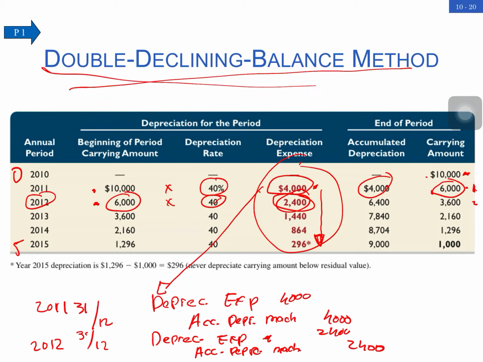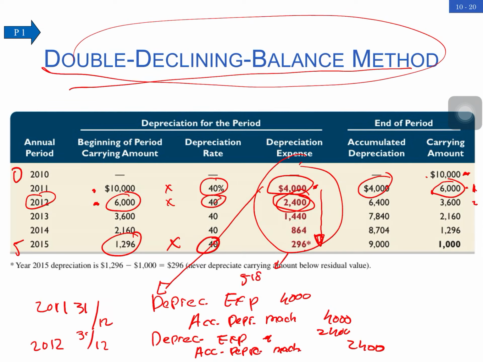But the unique thing in double declining balance that you need to pay attention to is this number. Actually, if we calculate that number, 1296 multiplied by 40%, this is not 296 but should be 518.4. But why do we record 296 here? Because we want to make the carrying amount at the end of the year 1,000.